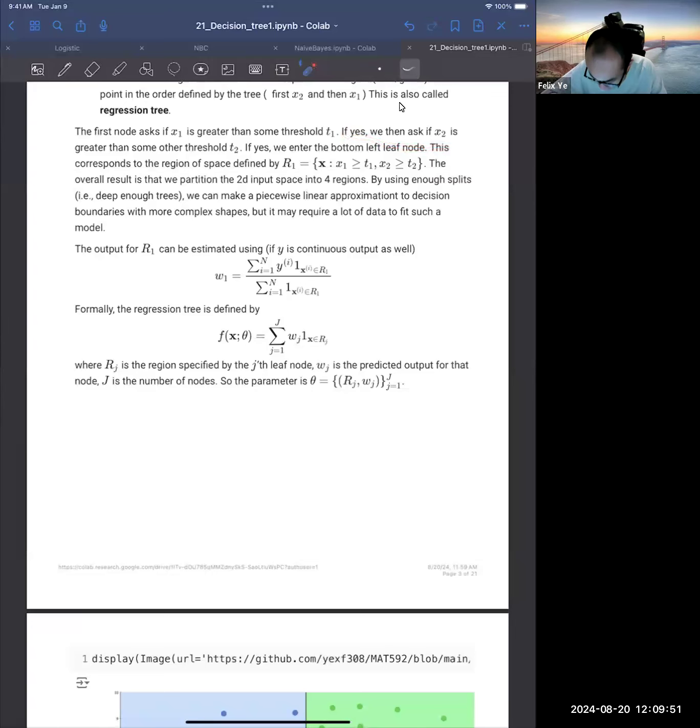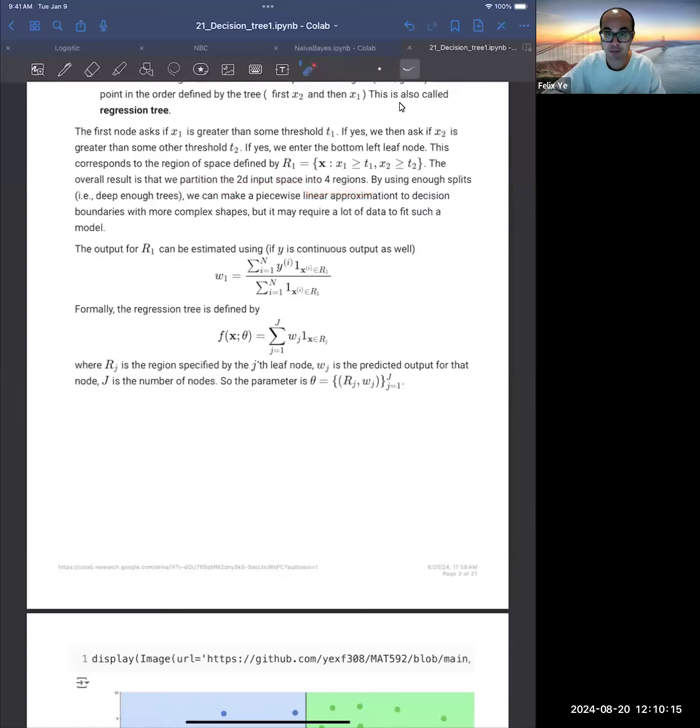If both are true, then we are going into the bottom left leaf. This corresponds to the region of space where x1 is greater than or equal to t1 and x2 is greater than or equal to t2. So basically, as I said, we partition the whole 2D space into these 4 regions.